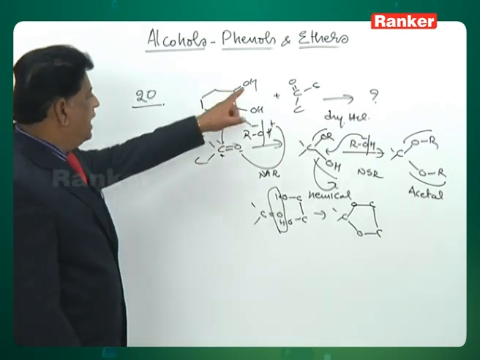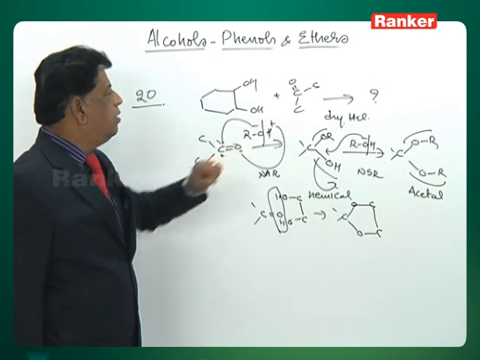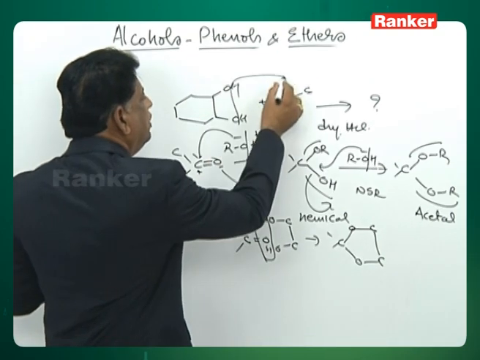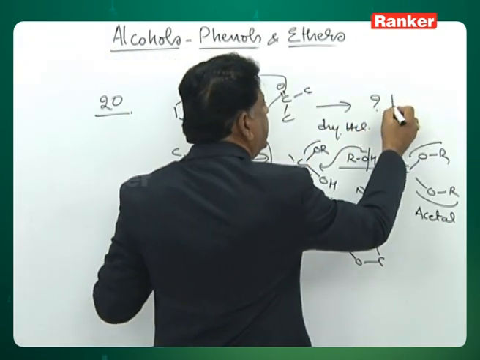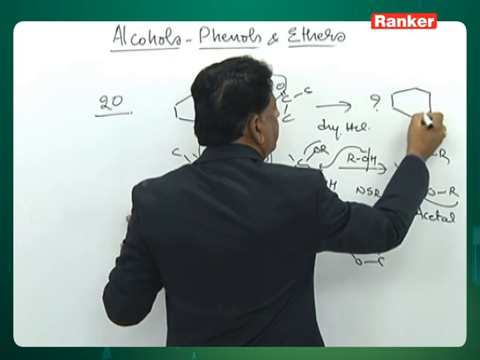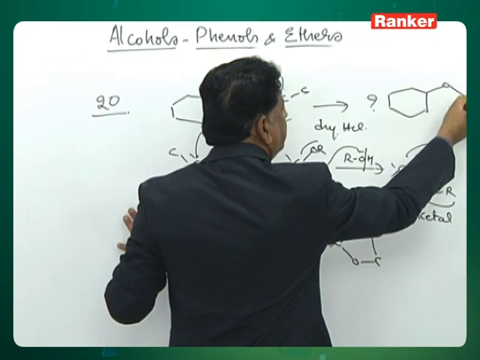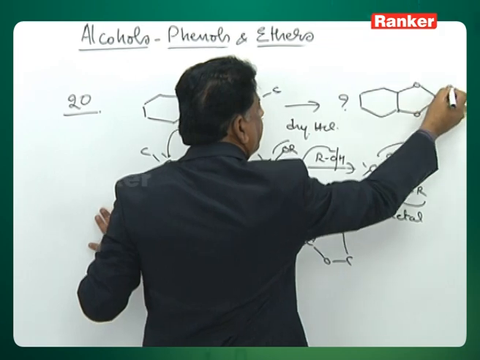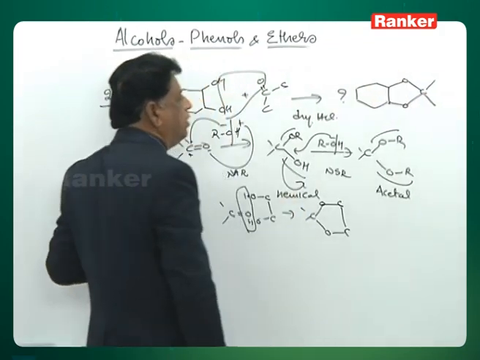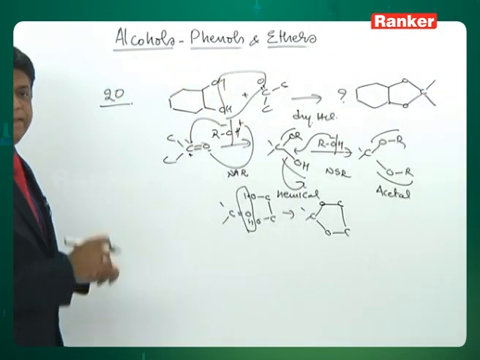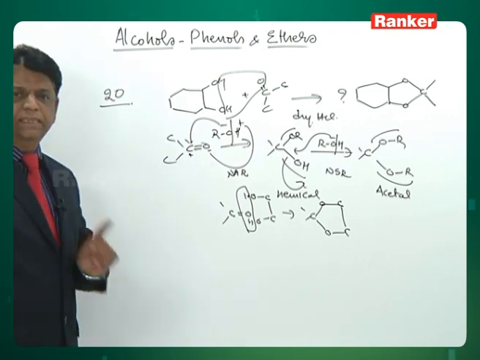An alcohol is shown here, a carbonyl compound is shown here. These two will go out and a cyclic acetal is formed. Acetone closes this glycol ring forming 2 ethers, and it is cyclic as well as acetal.